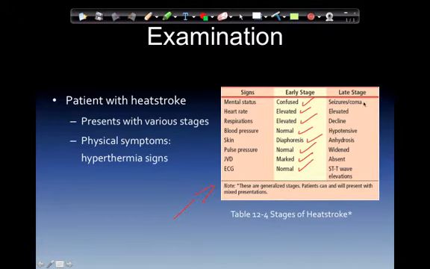At the late stages: altered mental status, coma, heart rate is elevated, respirations decline because of the altered mentation, hypotension on the blood pressure, and the skin is dry with anhidrosis, widening pulse pressures, JVD is absent, maybe even flat neck veins, and then an EKG with ST elevations. And this would be from low perfusion and too much work upon the cardiac muscle.